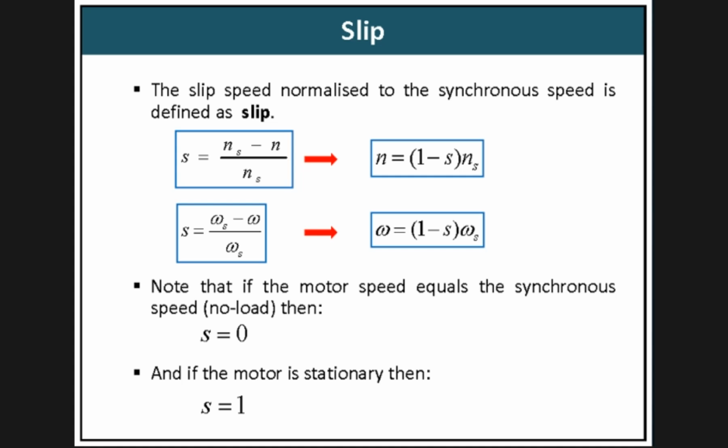Therefore you can calculate the rotor speed n as 1 minus s, 1 minus slip, times Ns. The same thing can be done using radians per second angular speed. Then the angular speed of the rotor will be equal to 1 minus s times the synchronous angular speed of the magnetic field.